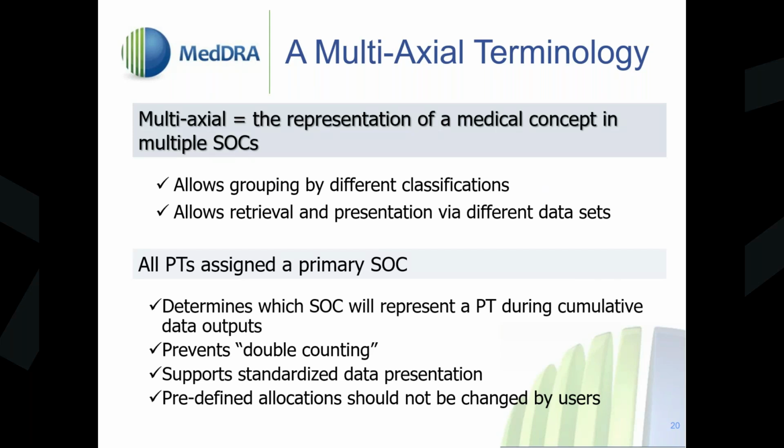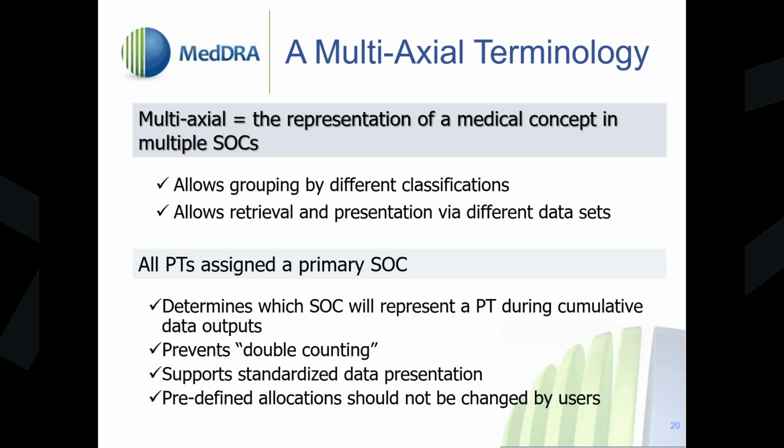That primary system organ class, when it's set up, is defaulted within MedDRA. So it helps you because it keeps the standard. It is selected by the MSSO team when they are adding new terms to MedDRA. It maintains having a standard by having the primary system organ class assigned by the MSSO.